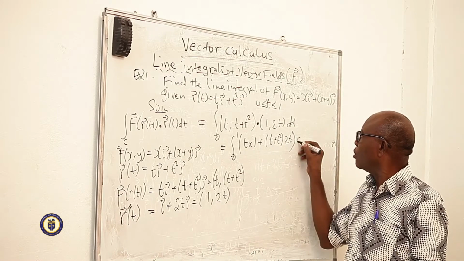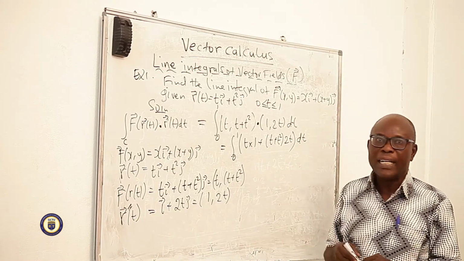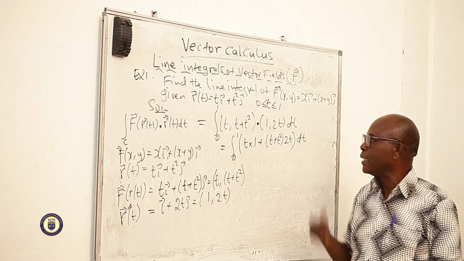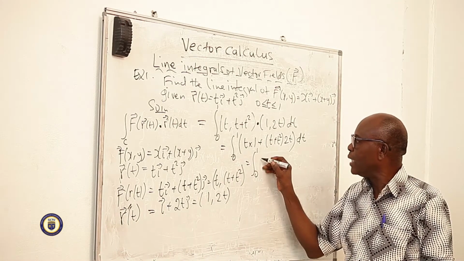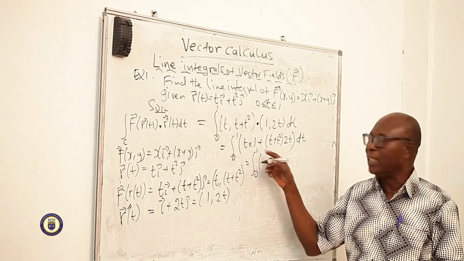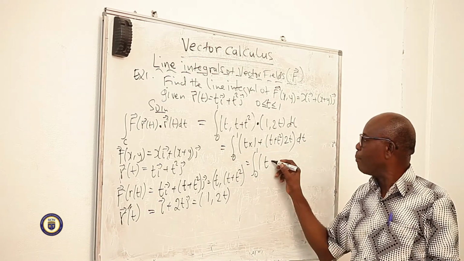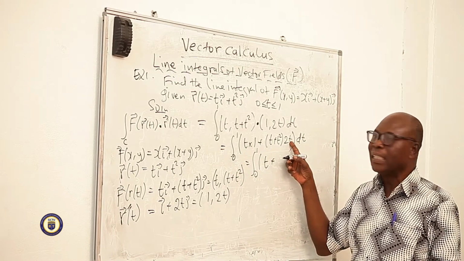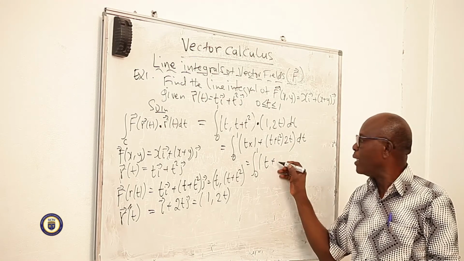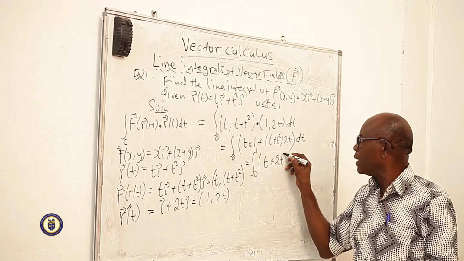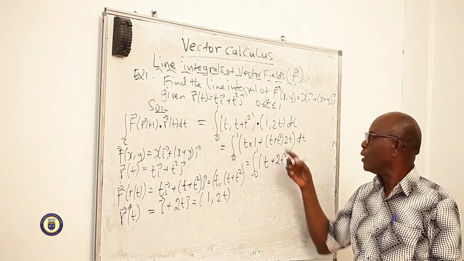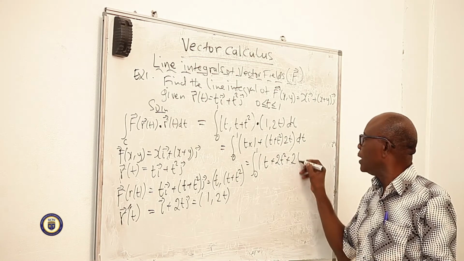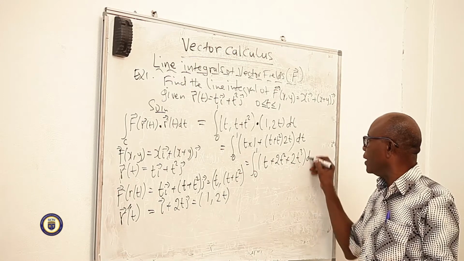So the next step is to open the bracket. We have the integral from 0 to 1 of t times 1, which gives us t, plus 2t times t, which gives us 2t squared, plus 2t times t squared, which gives us 2t cubed, dt.